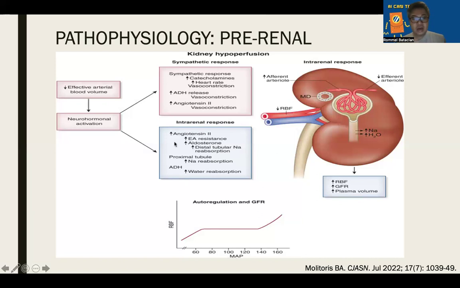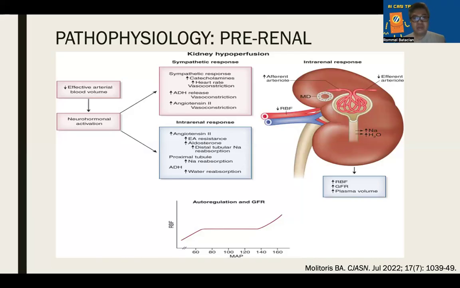So there is regulation that happens, so that there is a maintenance of the blood perfusion or renal blood flow at a normal mean arterial pressure. But if there is a decline in the mean arterial pressure, these responses are triggered or activated.